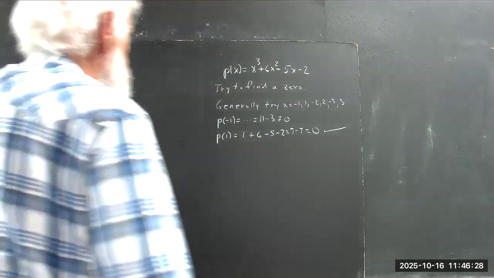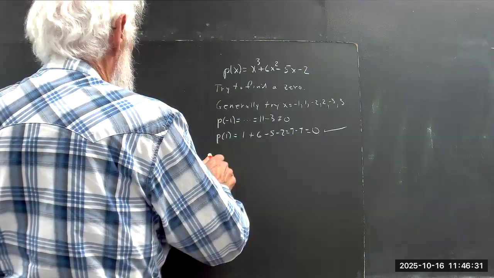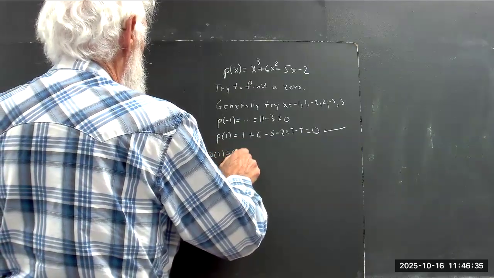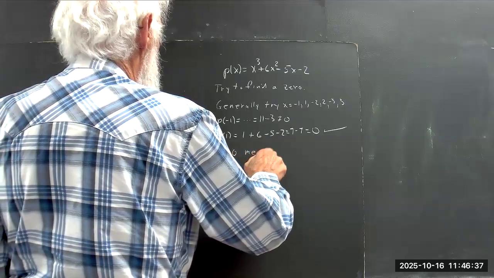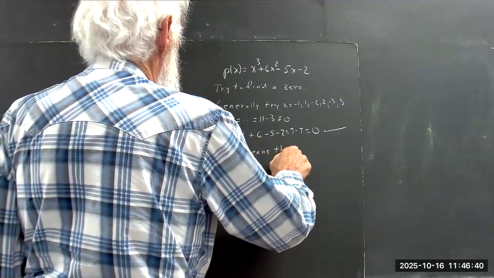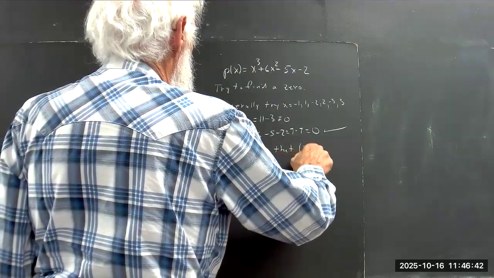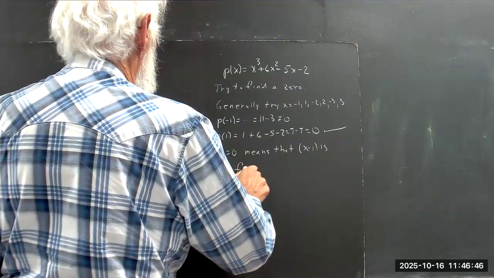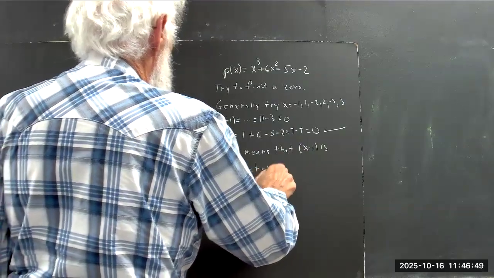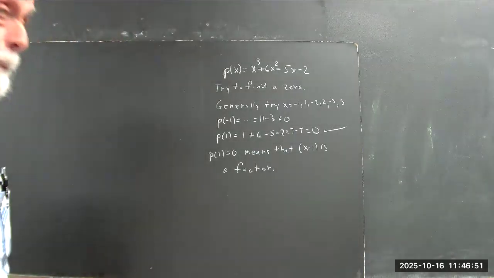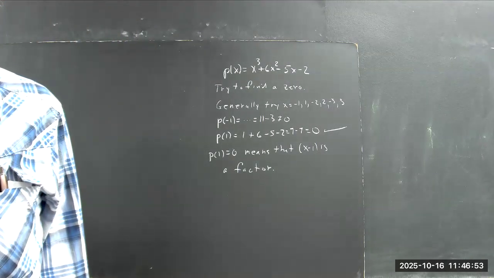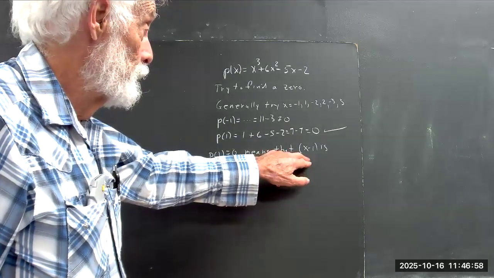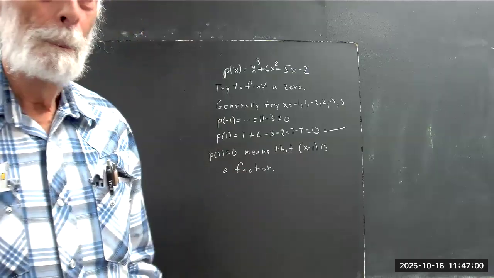This means, first of all, that x minus 1 is a factor. If x minus 1's in there, then your zero is going to be at 1, right?